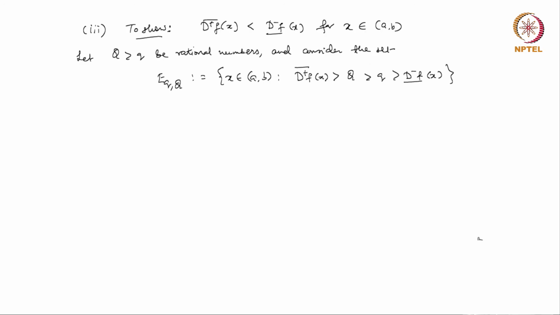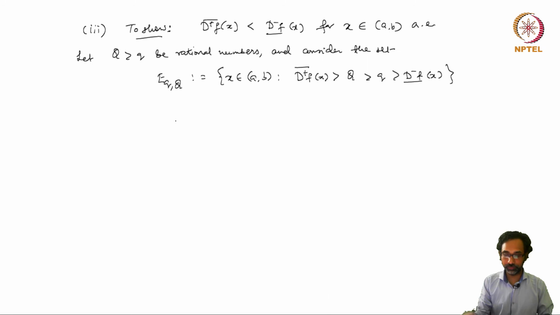So now we come to the third part, which is to show that the upper Dini derivative for the positive side is less than the lower Dini derivative for the negative side, for x in (a, b) almost everywhere. So to do this, we consider two rational numbers, capital Q and small q.